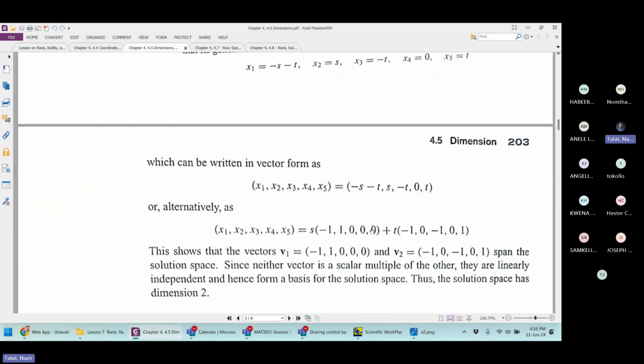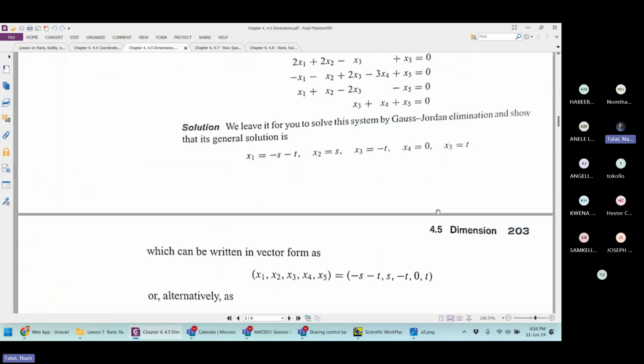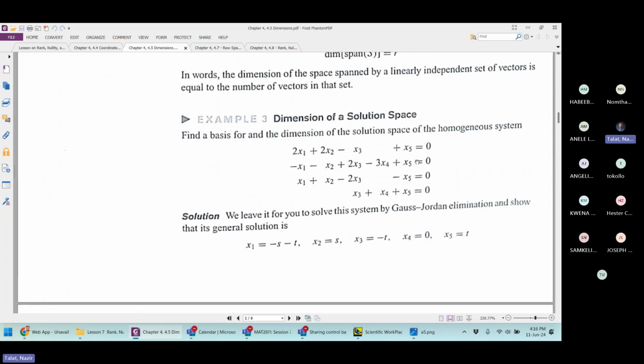Hence, we conclude that the dimension of the solution space of this homogeneous system is 2. One very important thing: since the solution of a homogeneous system is a vector space, we call it the null space. And the dimension of the solution space of a homogeneous system is called nullity.